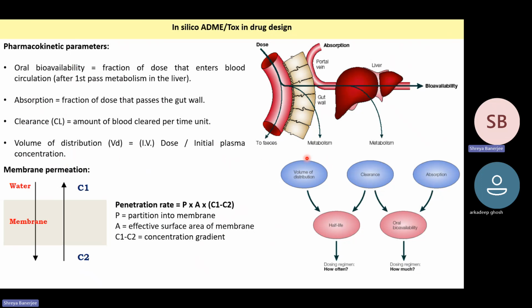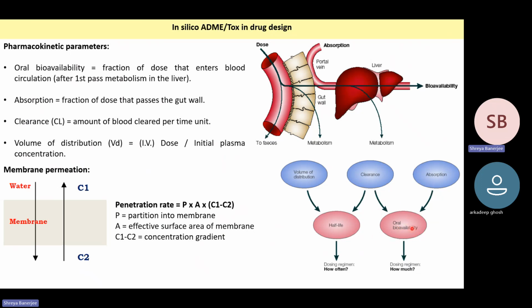So all these parameters need to be kept in mind, because based on the volume of distribution and clearance, that will give an idea about how often the drug must be taken. If you have to take a drug every half an hour, that is not a very practical thing to do. So that is a very important thing to consider during the development of a drug, that is how often the dosage must be taken. Another thing is the oral bioavailability.